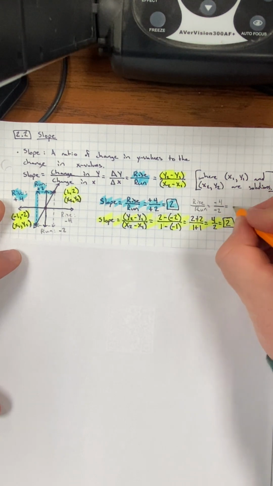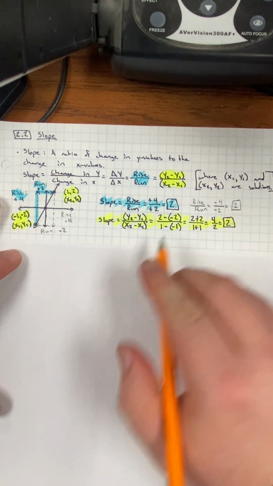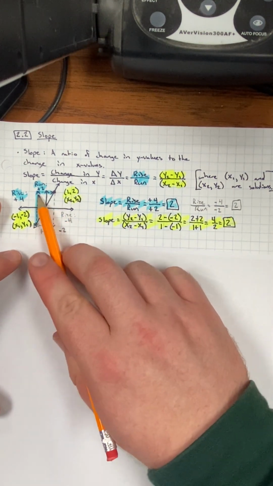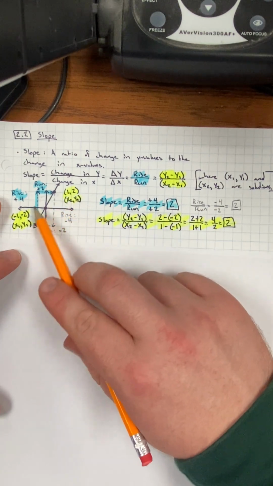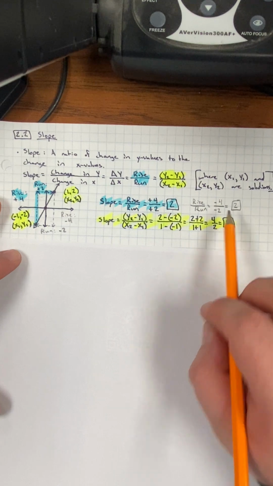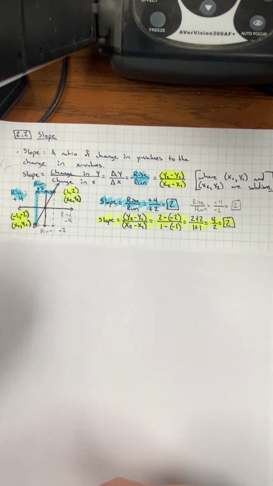And 4 divided by 2 gives me an answer of positive 2. So notice, either way you go, if you go from this point to this point, you're going to get a positive 2. But if you go from this point to this point and you go down and to the left, you're going to get positive 2 as well. So it really doesn't matter which method you use here or which direction you go from. You're going to get the same answer no matter what, right?